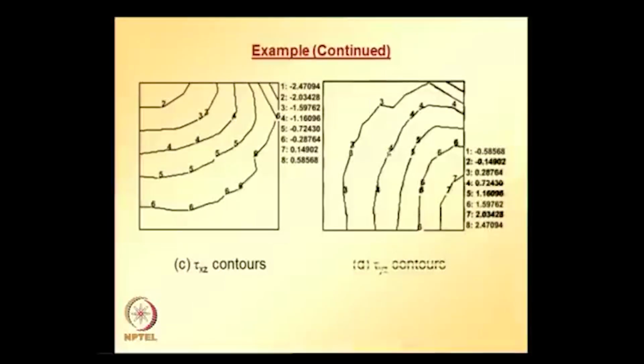And shear stress components tau x z, tau y z contours are given here. The total torque for 32 element solution turns out to be 34.26.